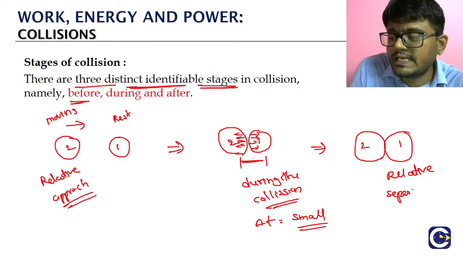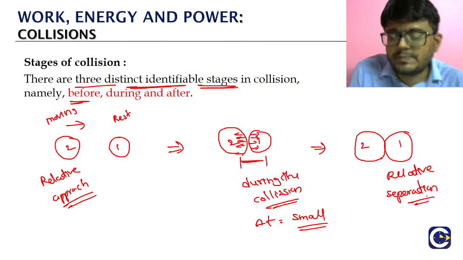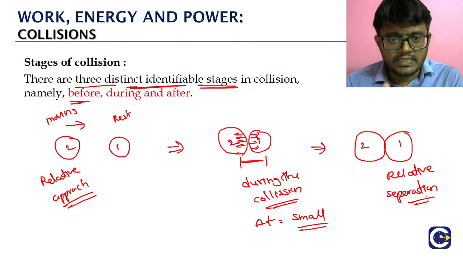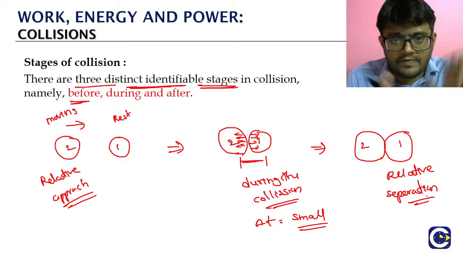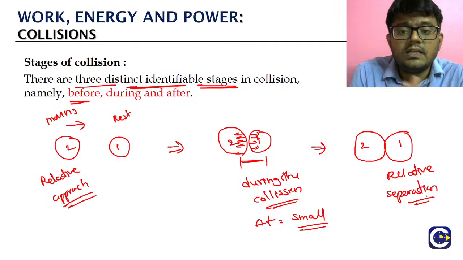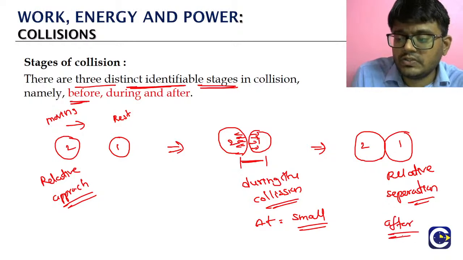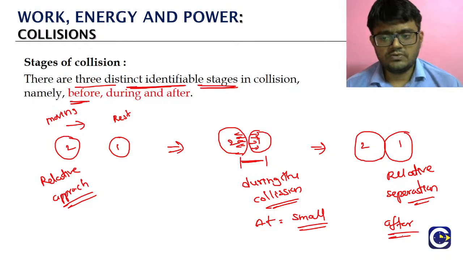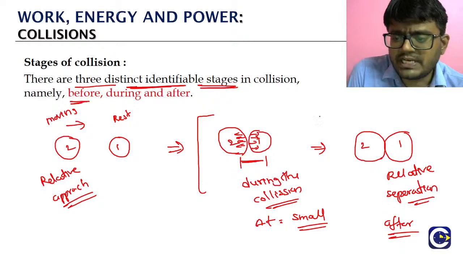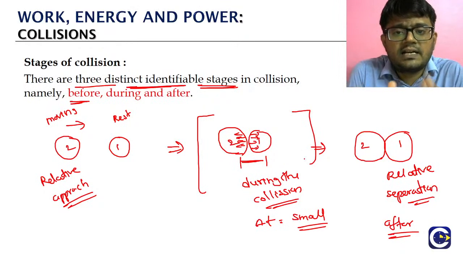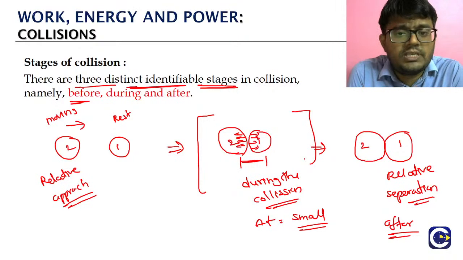We also call it relative separation: with respect to one, the other object appears to recede or move away. This is the final stage, which we call after the collision.